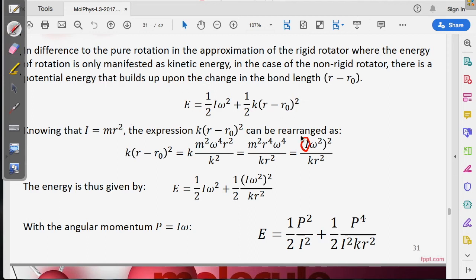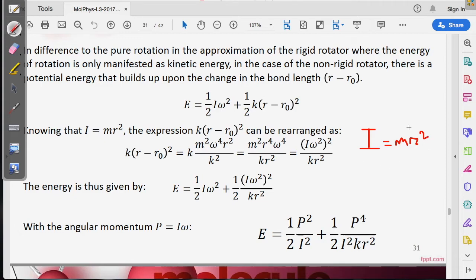In fact, I is equal to m r squared. But here we have m squared r squared.